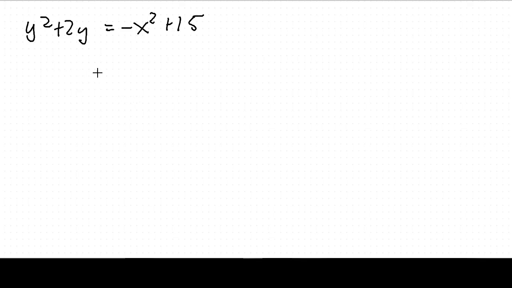Move all the x's and y's to the same side. Okay, variables. So we're going to move this one. So tell me what to rewrite. Y squared plus 2y minus x squared. When I bring the minus x squared, it's just x squared.